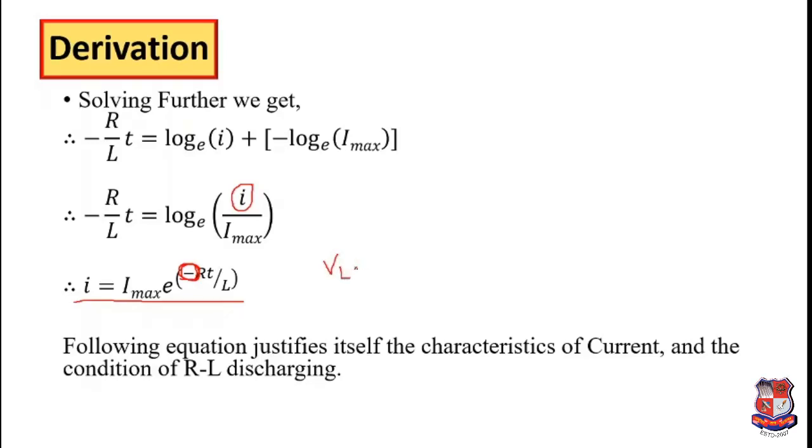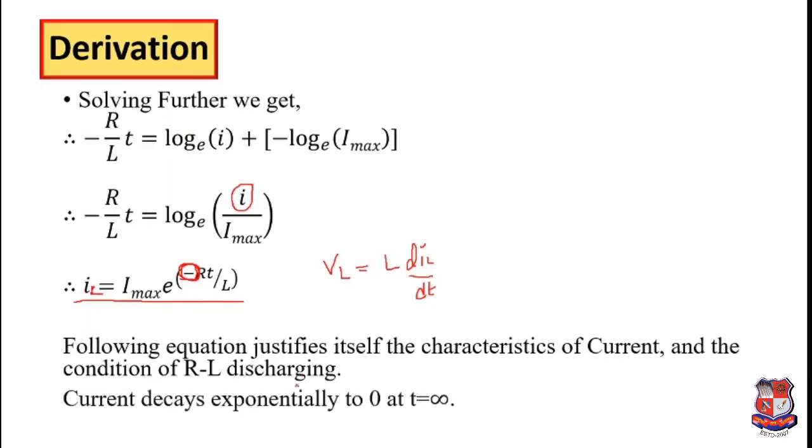From this you are able to find even the inductor voltage, which is just L dIL by dt, and from here you will be able to find the value of the inductor voltage. So here you can easily see that the current will exponentially decay.